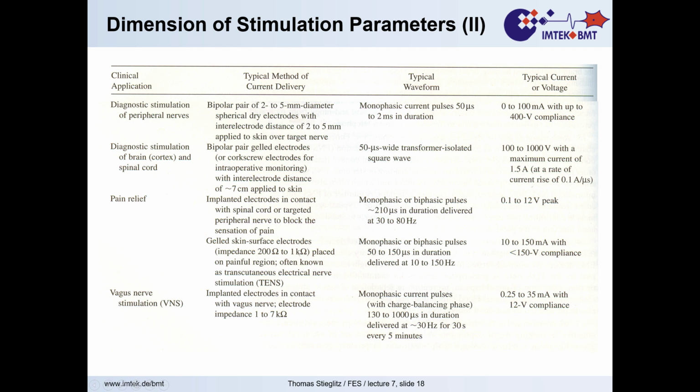One thing I want to comment on, because that is sometimes not considered correctly. When you remember the electrochemistry, I always talked about that water window. That is 1.2, 1.4 volts, however you calculate that. And we're now looking at devices that are working in the tens to hundreds of volt range.